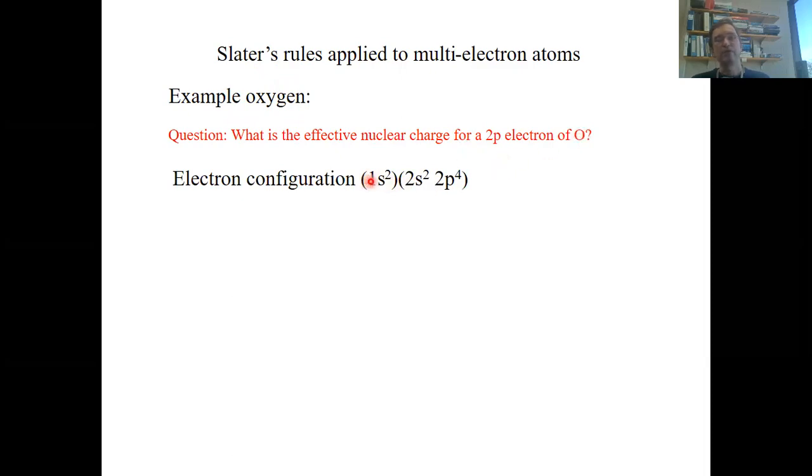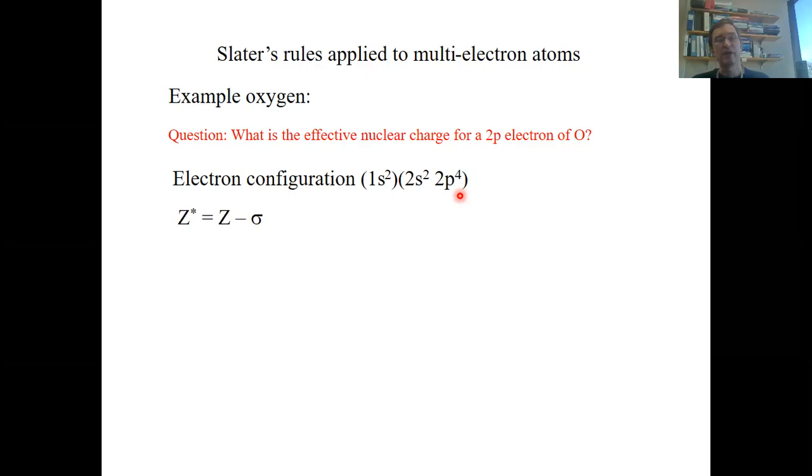So the electron configuration is 1s2, 2s2, 2p4. We have to place parentheses correctly. So the 1s orbital would be its own group, but the 2s and the 2p orbitals would be grouped together. So this would be the first step.